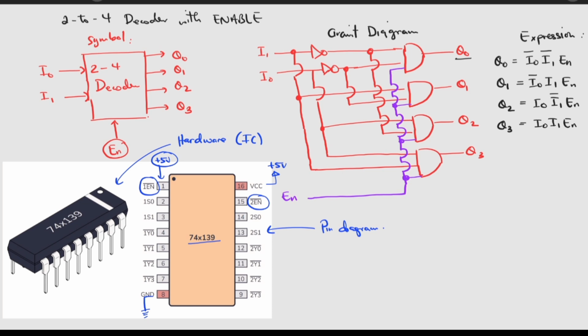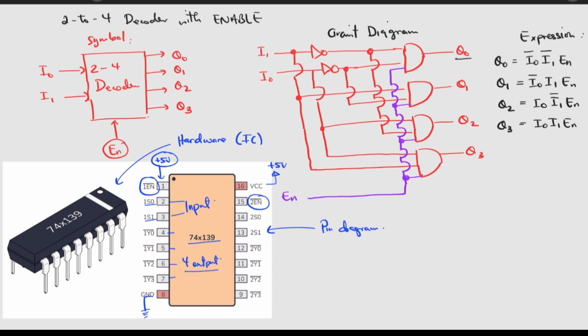Now from there we have S0 and S1, which represent the input. So pin 2 and pin 3 can be connected to any digital circuit or a microcontroller, and then you have pins 4, 5, 6 and 7, which now become your 4 outputs for the first 2 to 4 decoder.